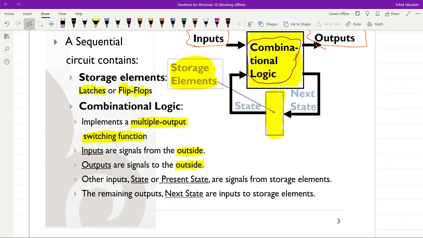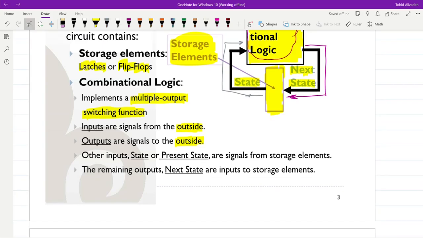And then we have the next state, which is, as you can see here, an output from the combinational logic, which is an input to the storage elements, and the state or present state is the output from the storage elements, and it is an input to the combinational logic.